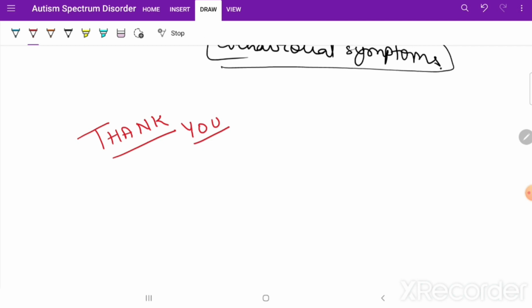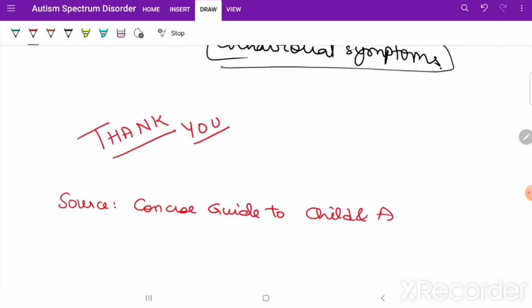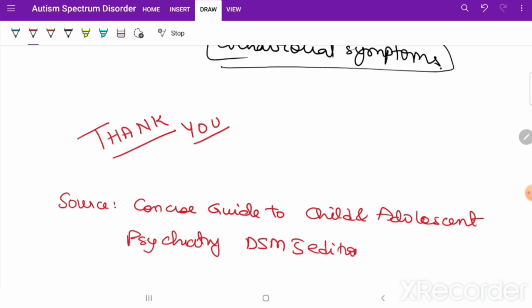The source is the Concise Guide to Child and Adolescent Psychiatry, DSM-5 edition, published by the American Psychiatric Association Publishing, written by Dulcan, Ballard, Jha and Sadhu.